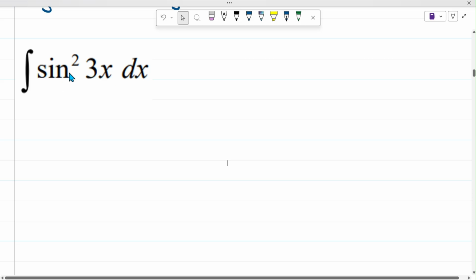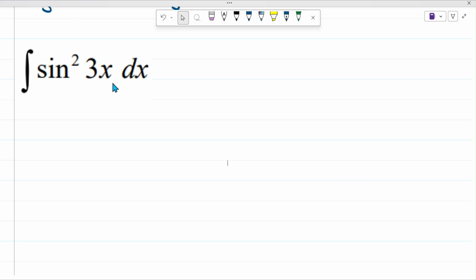So the half angle identity for sine squared of 3x is equivalent to 1 over 2 multiplied by 1 minus cos of what? Because you must know all of these things. So sine squared of 3x is equivalent to 1 over 2 into 1 minus cos of 2 times 3x. So that means it's going to be cos of 6x.